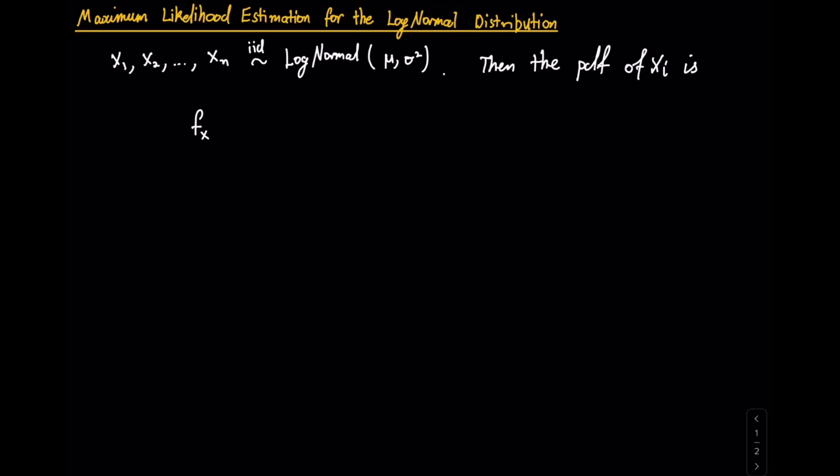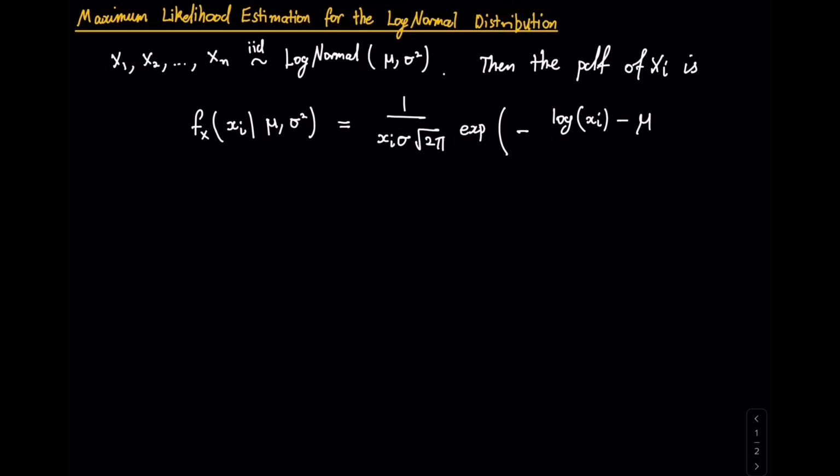So I'll put in f subscript x, xi, given our parameters mu and sigma squared, is equal to 1 on xi sigma square root 2 pi, exp of negative (log xi minus mu) all squared all over 2 sigma squared.